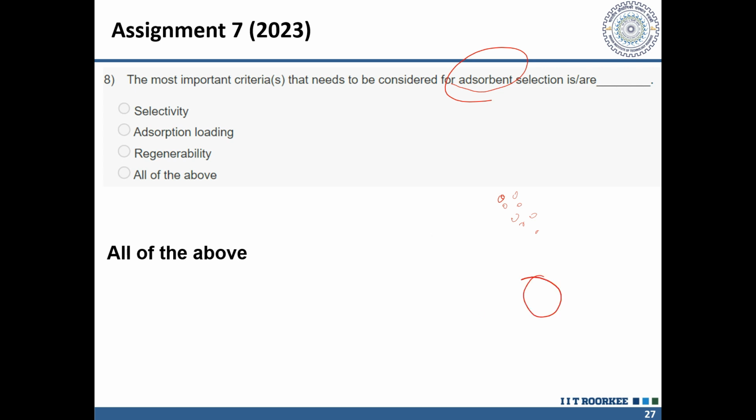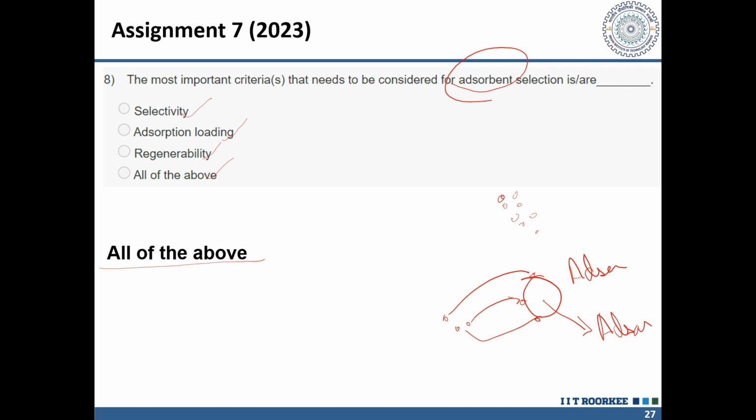So this carbon should have some kind of attraction towards the impurities such that these impurities go onto the surface and stick on the surface. This is known as adsorption by an adsorbent. So what property should it have? Selectivity, adsorption loading, regenerability, or all of them? The correct answer is all of the above.